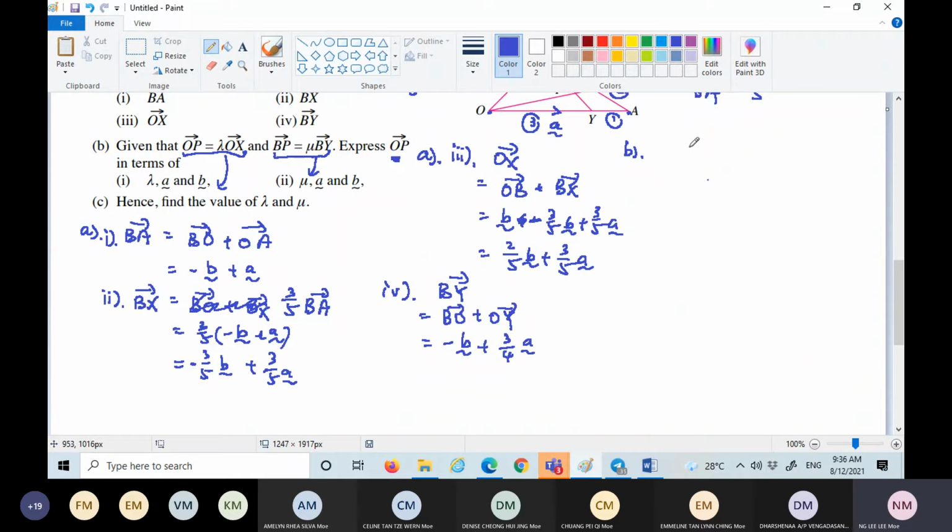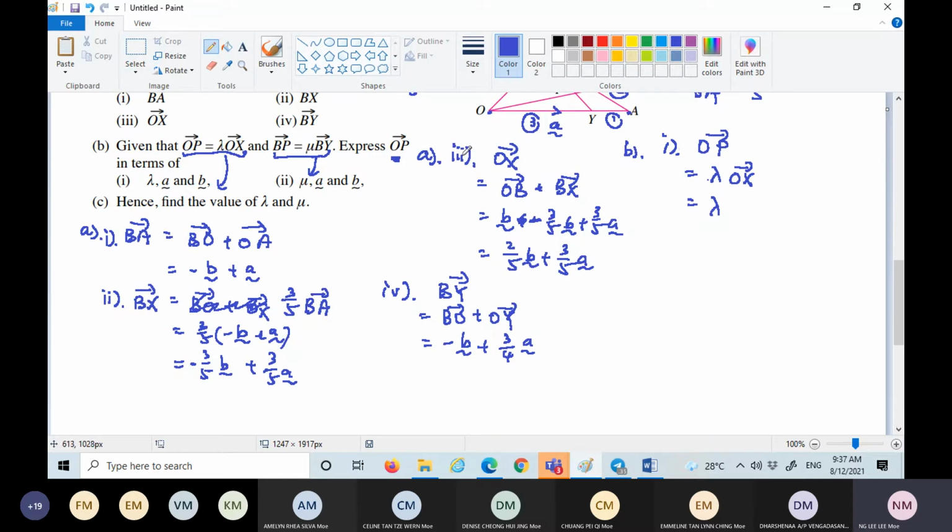Now we see how we involve OP is equal to lambda OX. It's very straightforward, because OP is equal to lambda OX. So we start with OP. This is part 1. OP is equal to lambda OX, so you are involved with lambda already. Do I have OX?